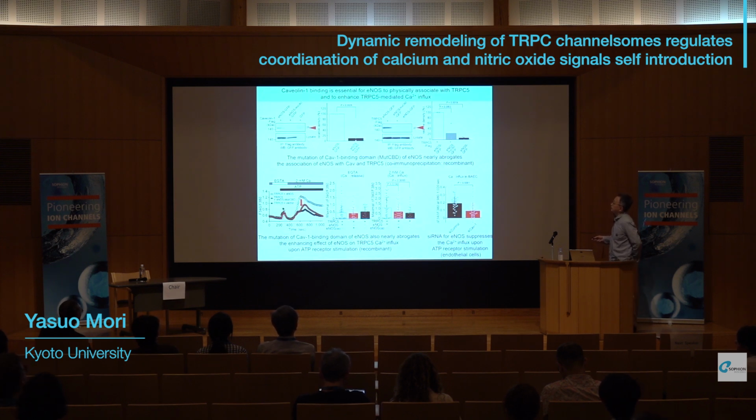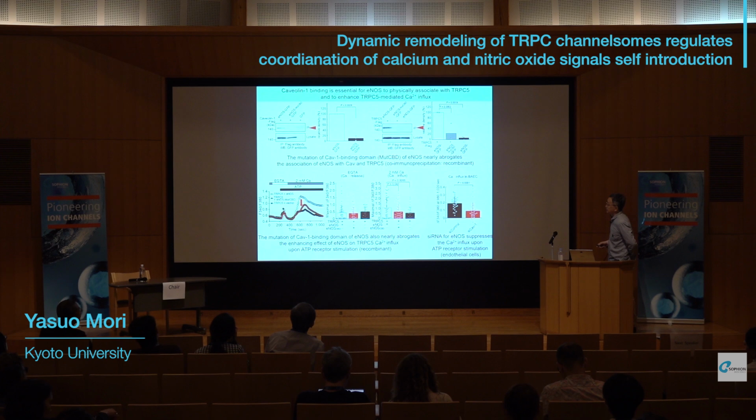And quite interestingly, we also studied an eNOS mutant which has no binding ability to caveolin-1. Of course, it showed no binding interaction with caveolin-1 anymore, but at the same time, this mutant also showed a lack of interaction with TRPC5.